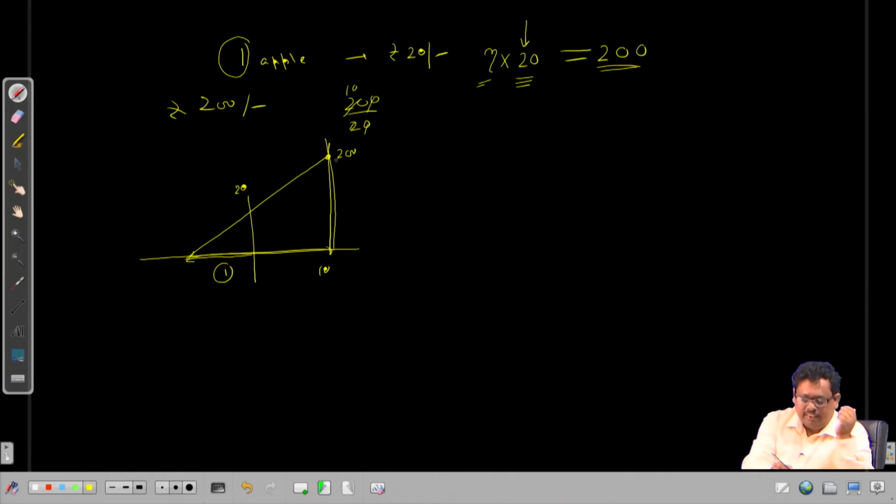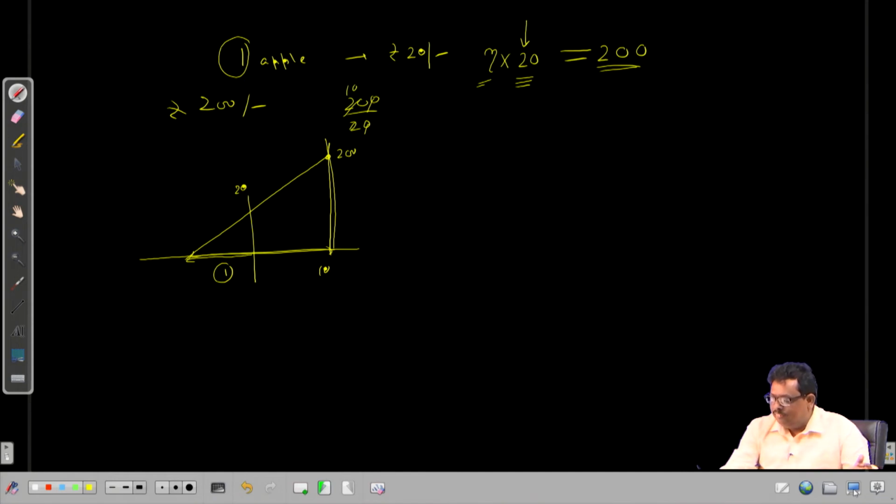So, this by this should be equal to this by this. This is what we learn in the unitary method. This same logic applies here also. So, let us see how we are applying this principle here.